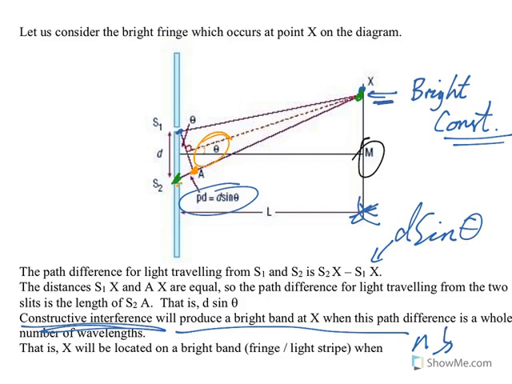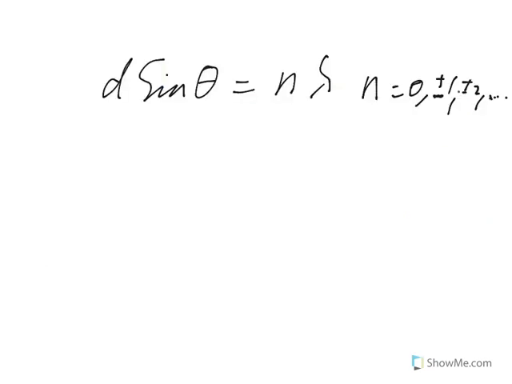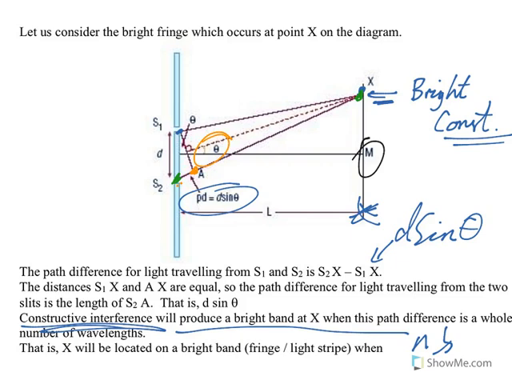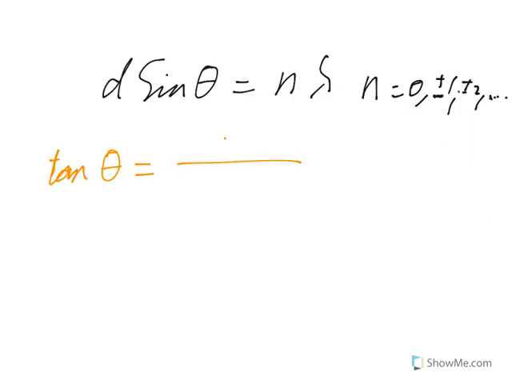This angle theta, you can find that tan theta would be equal to, or approximately equal to, this distance over this distance. So x over L.